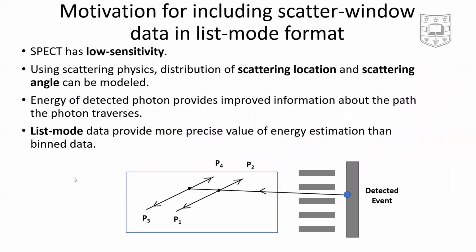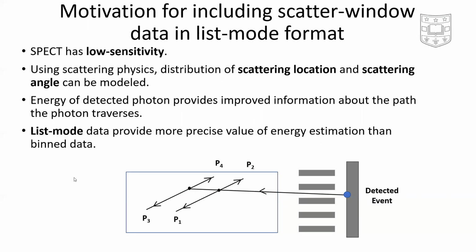Now let us give an intuition why scattered data and energy information in list mode can help improve quantification. The need for using scatter window data is mainly due to low sensitivity of SPECT acquisition. Extracting useful information from the scatter window can help increase the sensitivity of the SPECT system. Moreover, the scattering location can be modeled using information of attenuation distribution, and the scattering angle can be modeled using the Klein-Nishina-based formula.